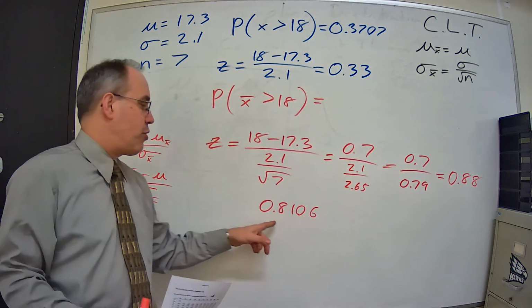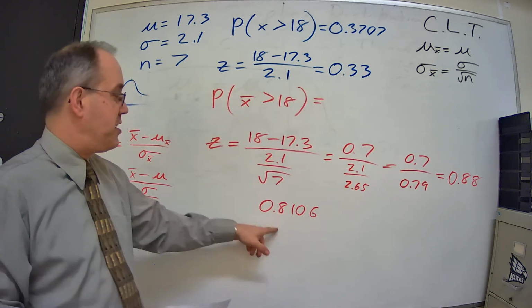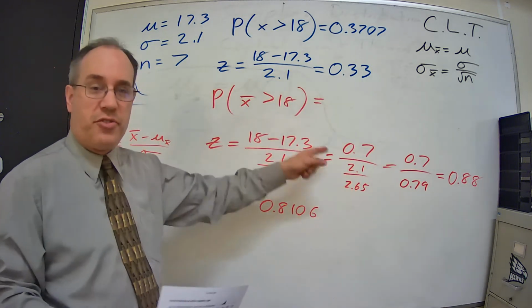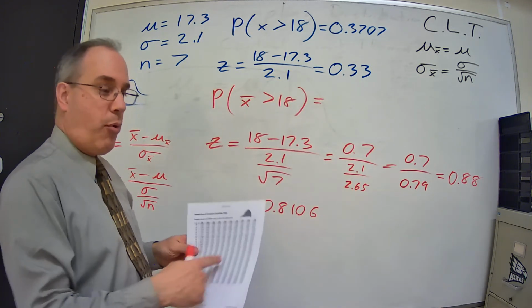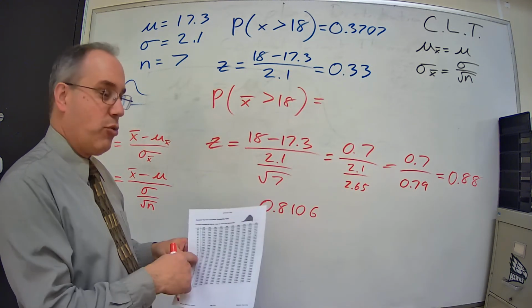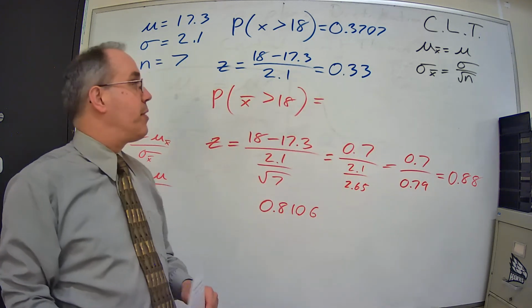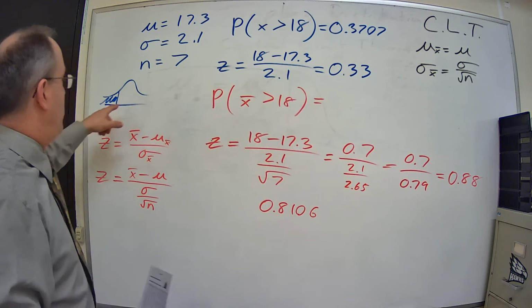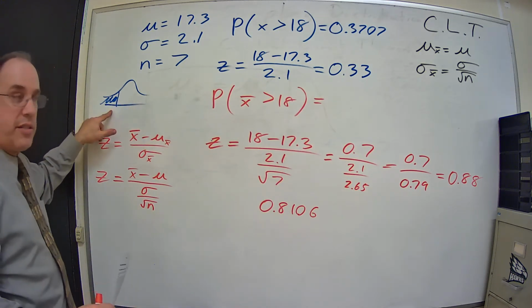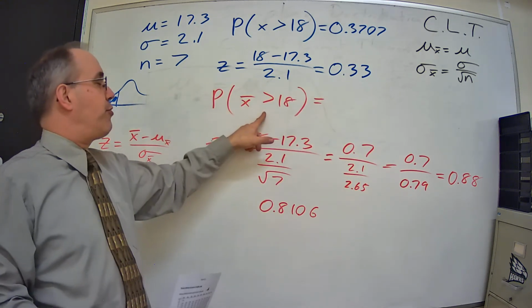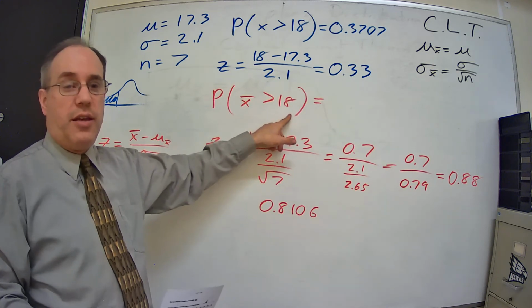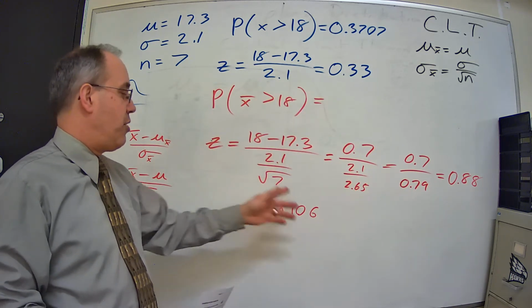Okay, 0.8106. Remember, this is not the z-score. That's the value that I pulled from the table when I looked up that z-score of 0.88. And remember, the table always gives us the area to the left. We're looking for x bar greater than 18, so we're looking for the area to the right.